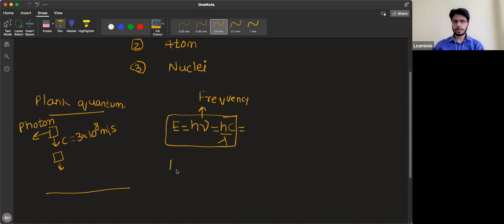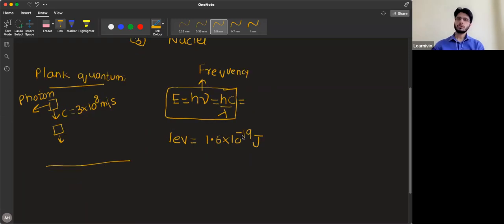So 1 electron volt is 1.6 into 10 raised to the power minus 19 joule. So you always need energy in electron volt, not in joule. And h is Planck constant. The value of h is 6.626 into 10 raised to the power minus 34 joule seconds.